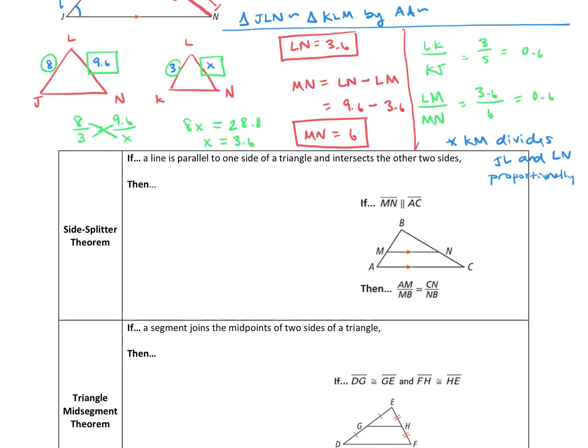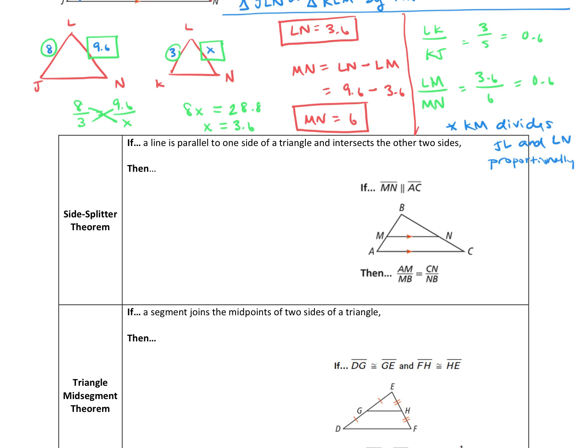All right, so one of our theorems, the side splitter theorem, that's what we just did. If a line is parallel to one side of a triangle and intersects the other two sides, then it divides the two sides proportionally.